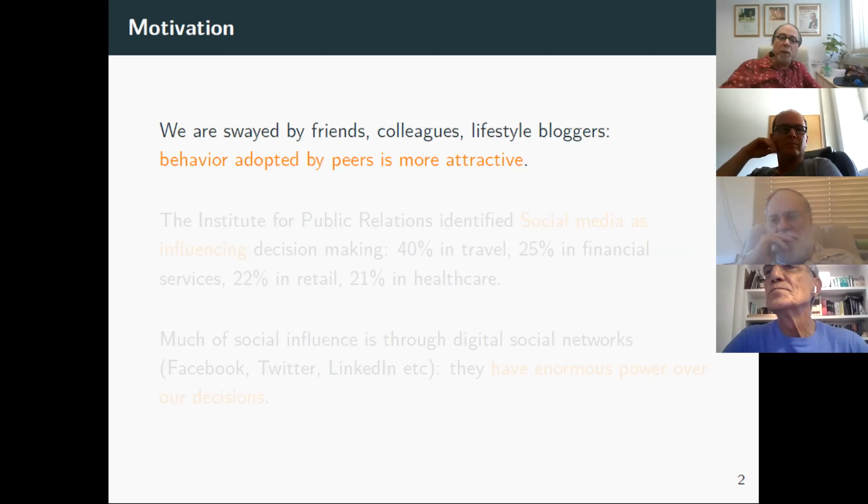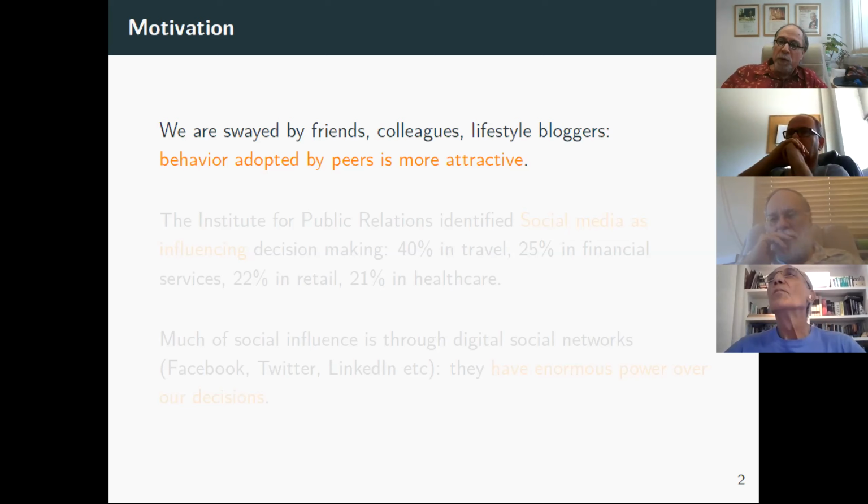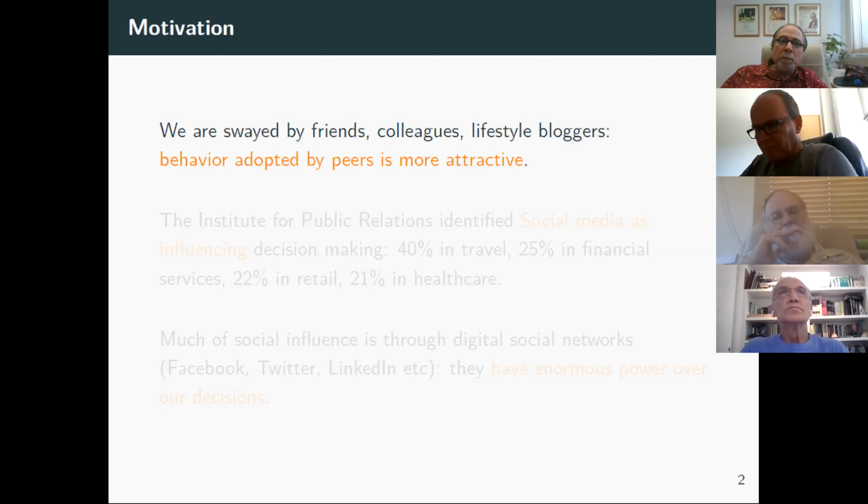The more people take a certain action, the more we are inclined to do it as well. It's true that not always this is the case, but very often this is the case. We call it conformity. We call it peer effect. There is a lot of literature on peer effect in economics that tries to explain it.